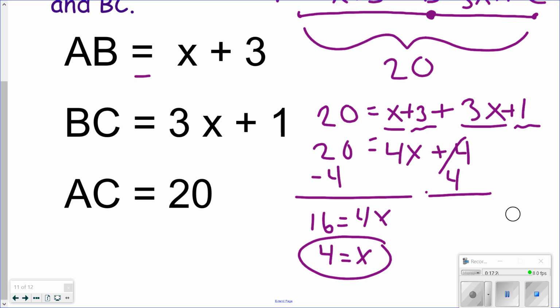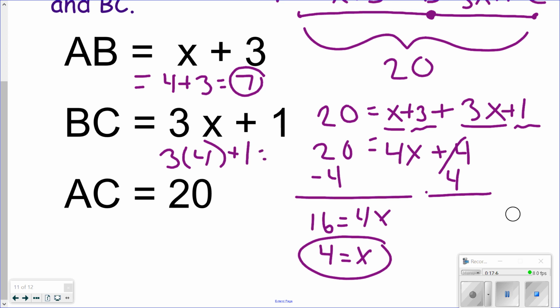So AB then is going to equal 4 plus 3, which is equal to 7. BC is going to be 3 times 4 plus 1. That is equal to 13. Is 7 plus 13 equal to 20? It is. And I'm done.